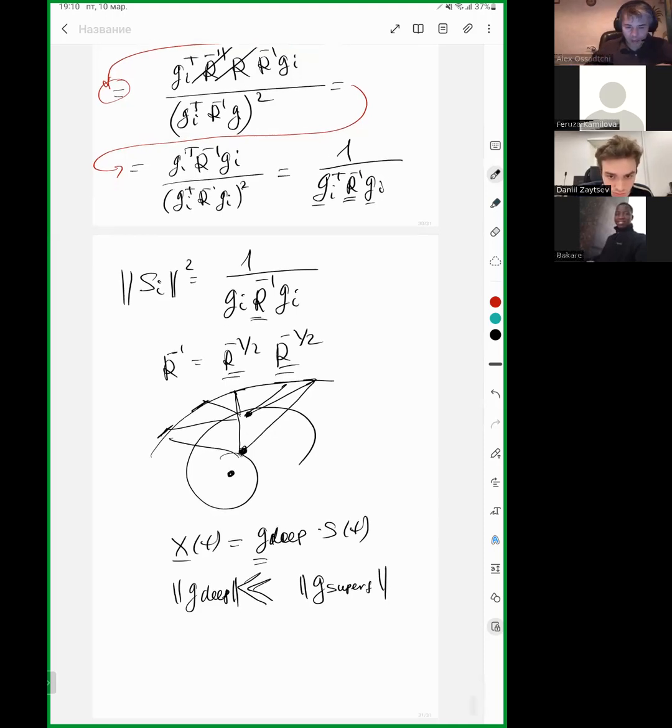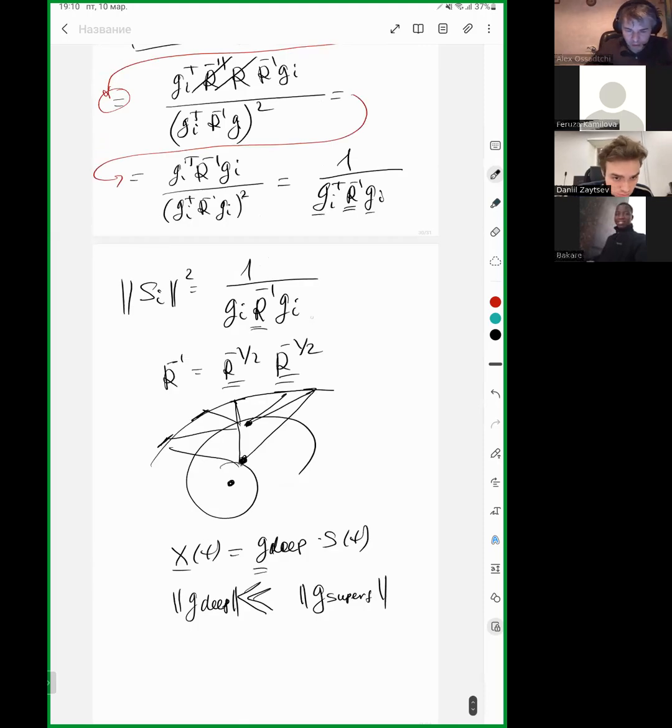Okay, and therefore, if you substitute here, you clearly will see the bias, even if your covariance matrix is exactly the same, right? And you will automatically be assigning greater power to the superficial source than you will be assigning to the deep one. Okay, and this creates a bias.